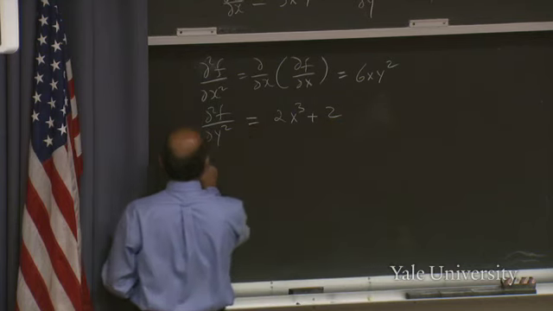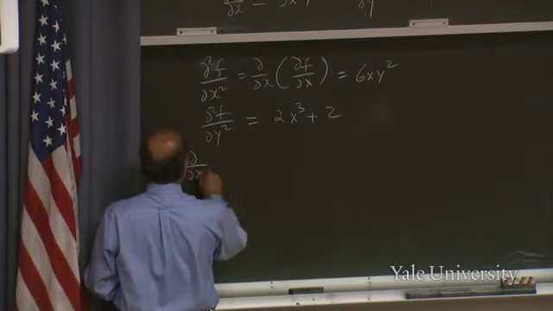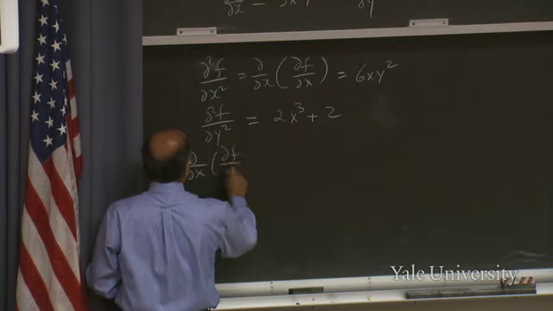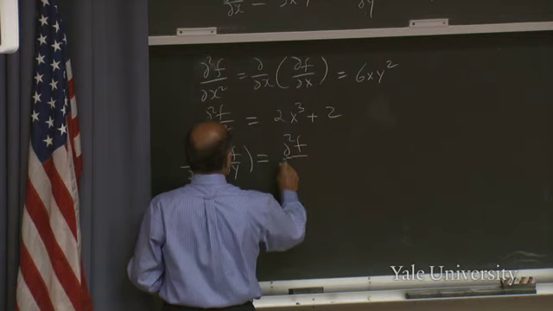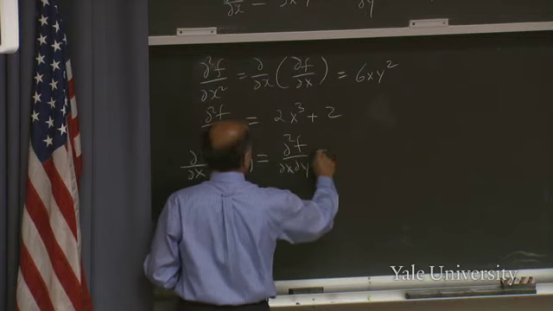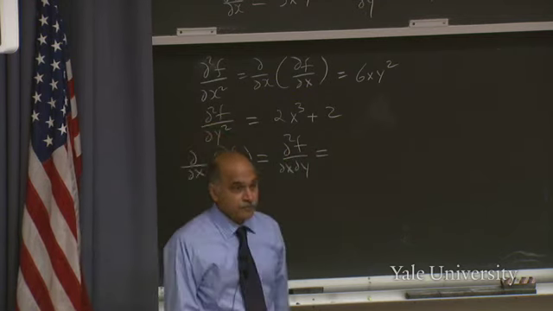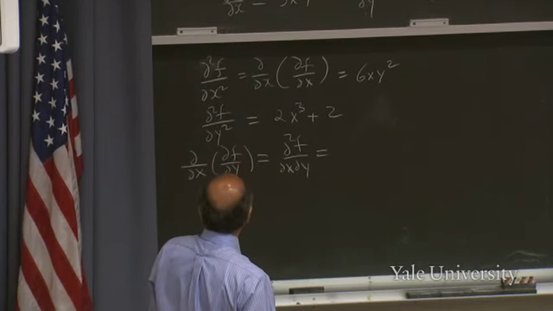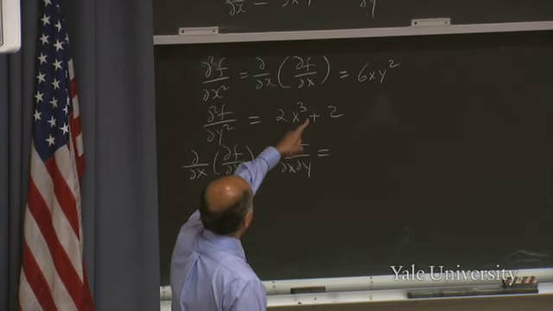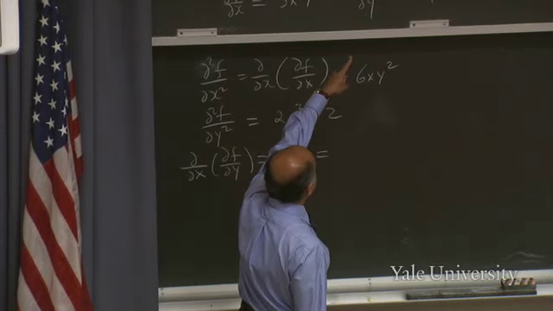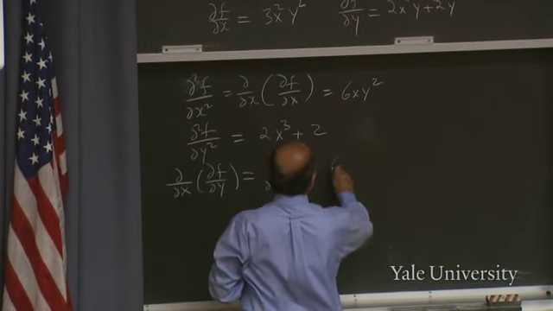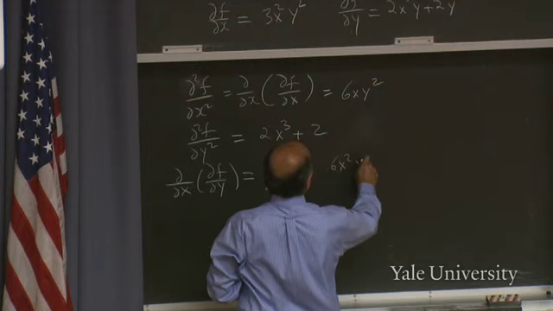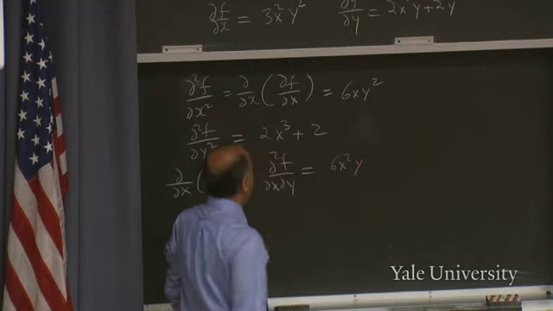So I want to take d by dx of df dy. That is written as d2f dx dy. Let's see what I get. So I want the x derivative of the y derivative. So I go to this guy and take its x derivative. I get 3x squared from there. So I get 6x squared y, and that's it.